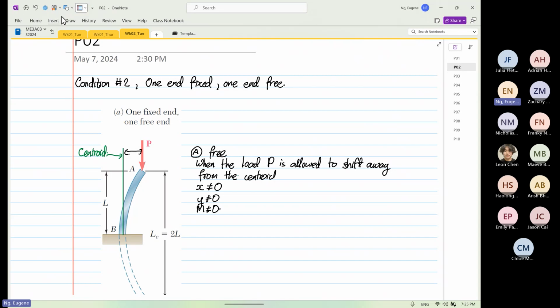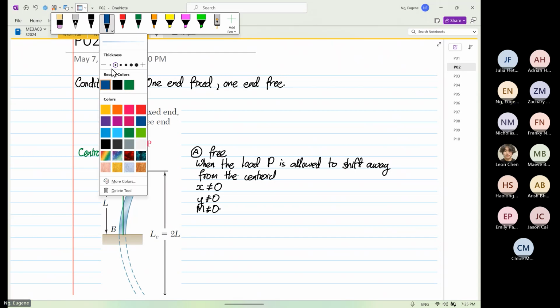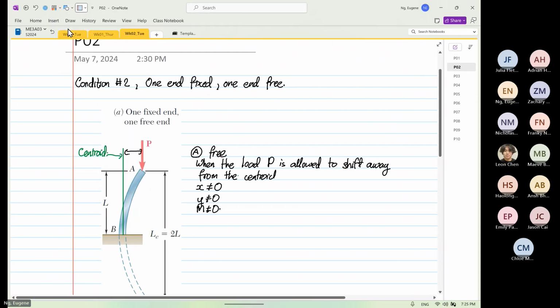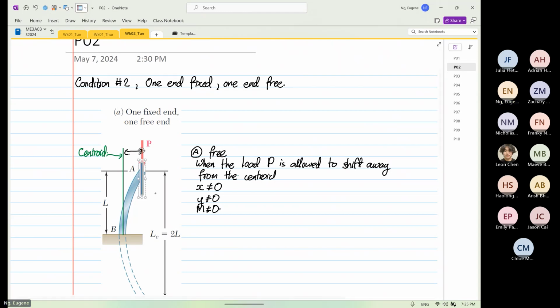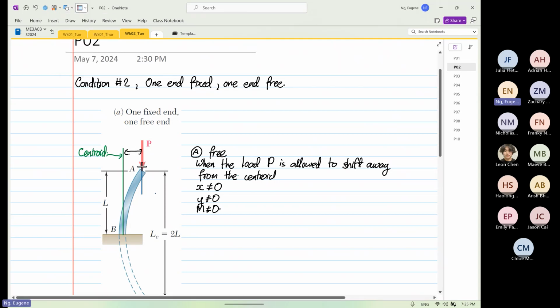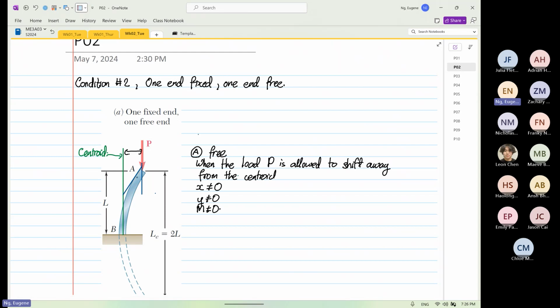If you draw at point A a vertical line coming down, and then at point A you draw a tangent, this is the tangent to point A. What do you get? You get a slope.